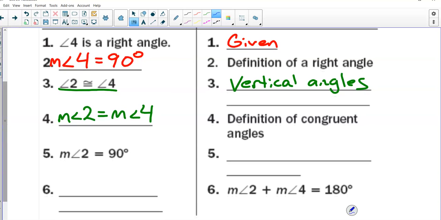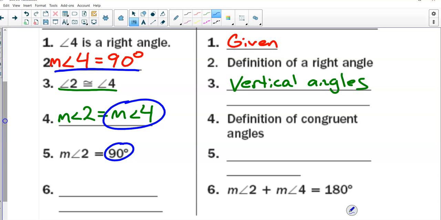We know the measure of angle 4 is 90 degrees. And in statement 4, we know the measure of angle 2 equals the measure of angle 4. So we could be substituting the measure of angle 4 and 90 degrees. That would be the substitution property.